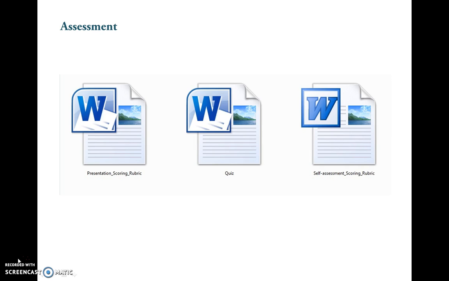This is the assessment folder. There are 3 documents which I use to assess my students: a presentation scoring rubric, a quiz, and a self-assessment scoring rubric. I will talk about the 2 rubrics in this folder.